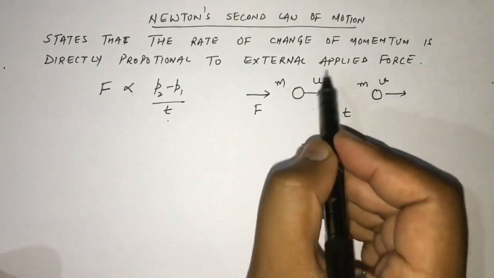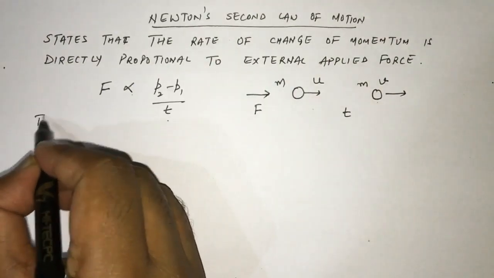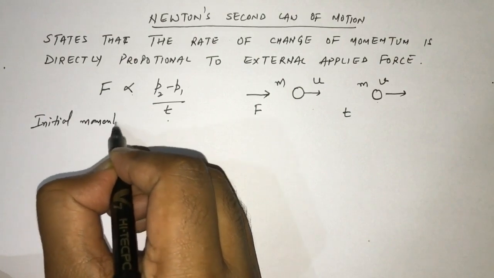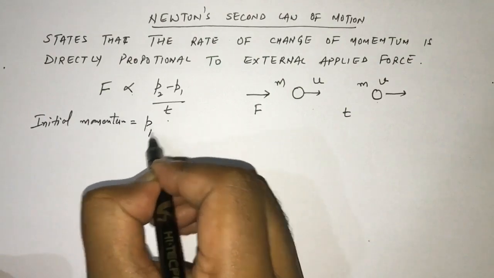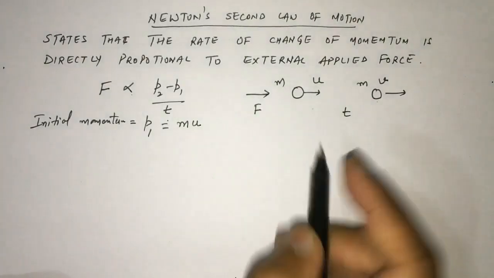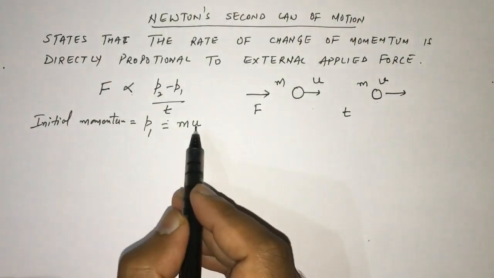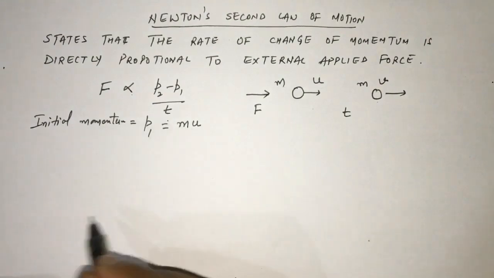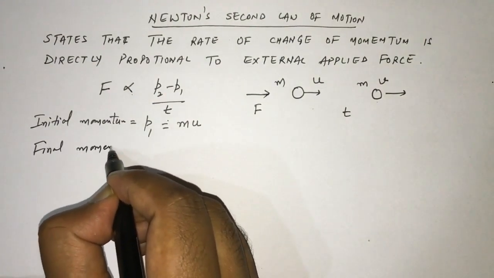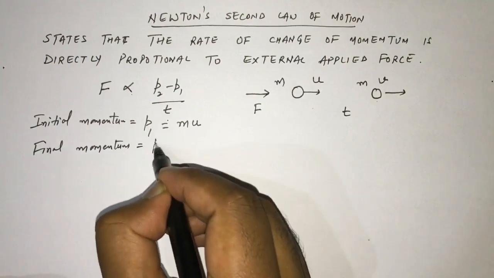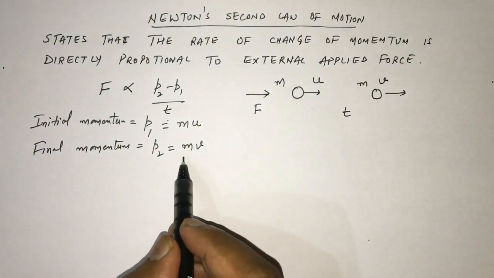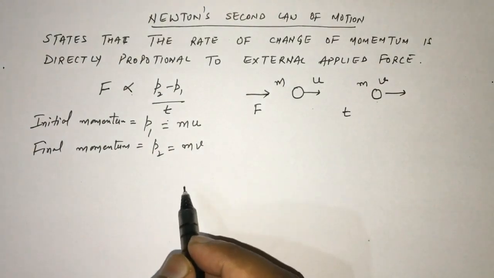Now, the initial momentum, P1, is equal to mass into initial velocity. Mass into velocity is the momentum. So mass into initial velocity becomes initial momentum. Second is the final momentum, P2, that is m into v. m is mass and v is the final velocity.